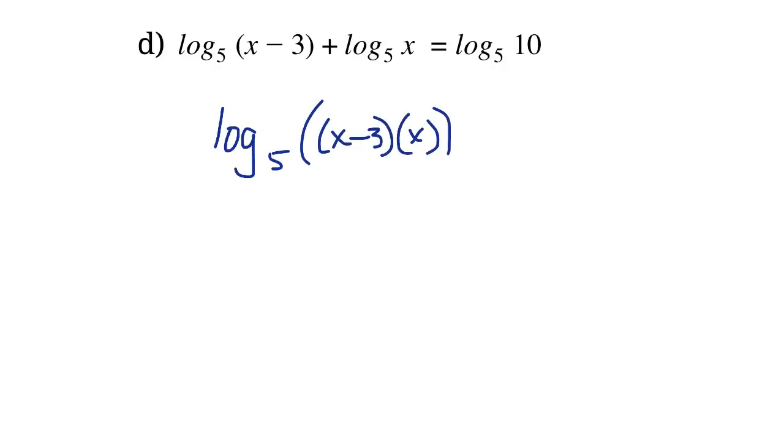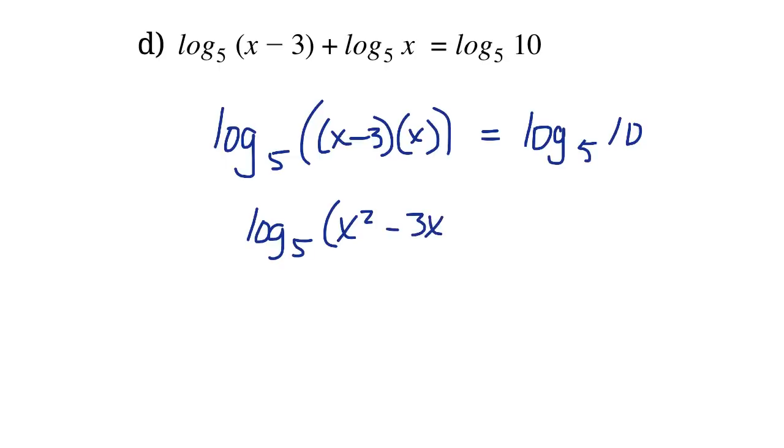We're multiplying the things inside the logs, equals log base 5 of 10. So we can simplify what's on the left as log base 5 of x squared minus 3x. We know that's going to equal log base 5 of 10.